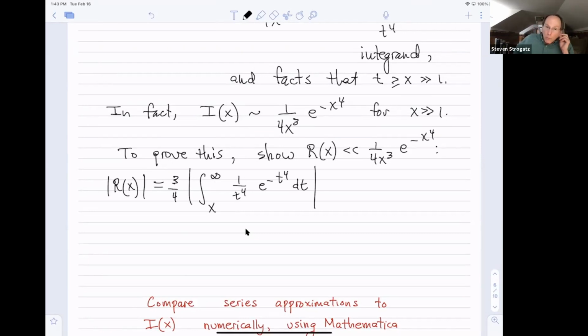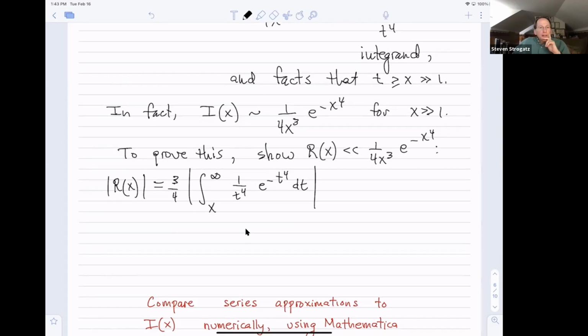Now, at this point, we're left with the problem that we don't know how to evaluate this integral either. This integral is even harder than the one we began with, the integral for I of x. So we don't expect to do this integral exactly, but we don't need to. We're only trying to do an estimate. So we need an upper bound on the integral.